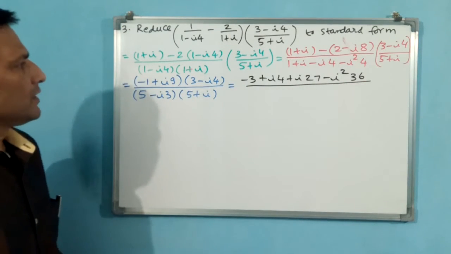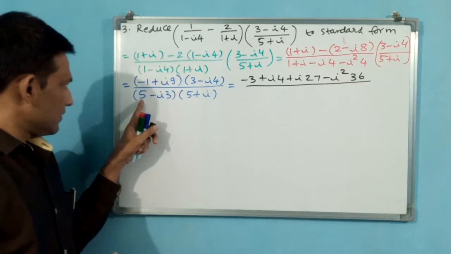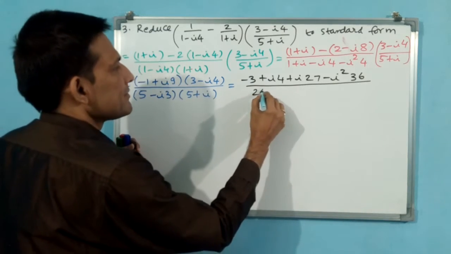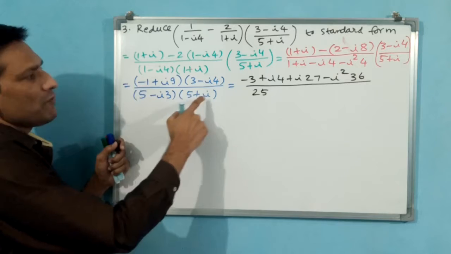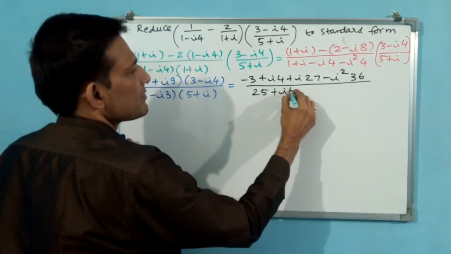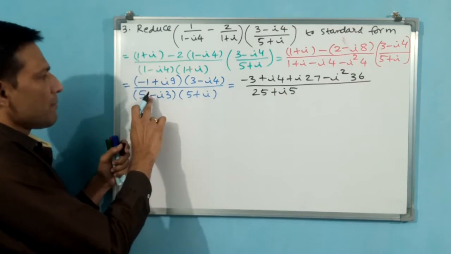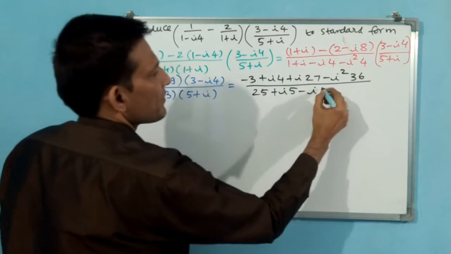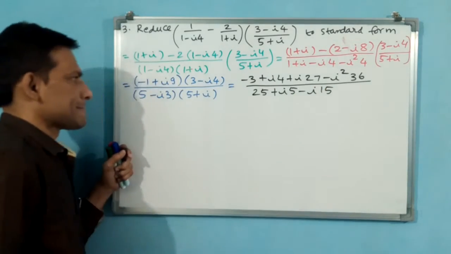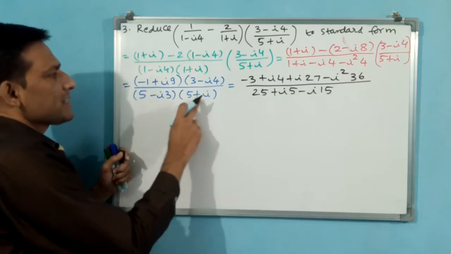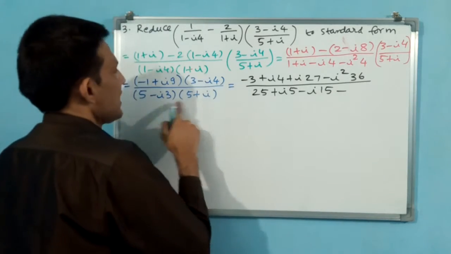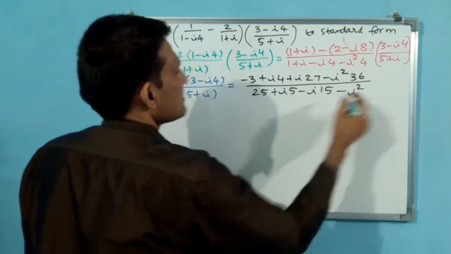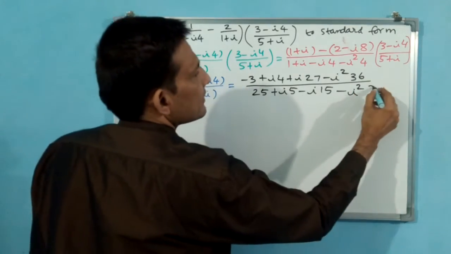Okay. Now come for denominator. 5 into 5, 25. 5 into I, 5I plus I5. Minus I into 5, minus 15. Minus I into I square, 3 into 1, 3.